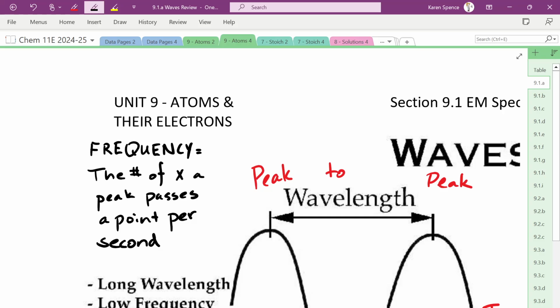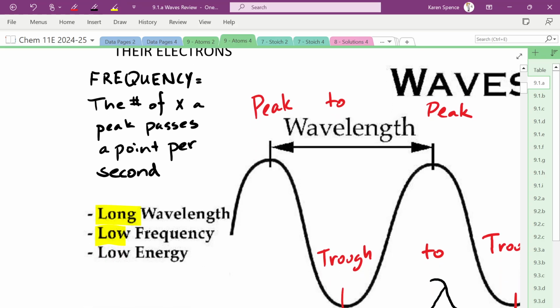Okay, so if we double the frequency, if we half the wavelength, we double the frequency. So as wavelength gets shorter, frequency gets higher. Does that make sense? Okay. So if you have a long wavelength, your frequency is going to be low.